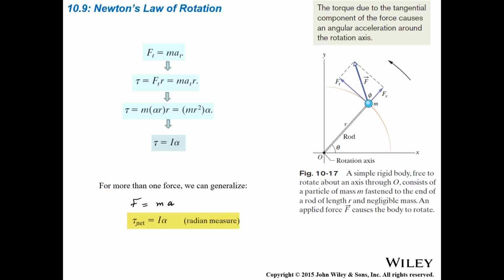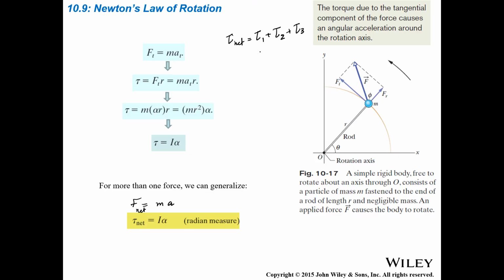The torque. Instead of F net, I will study the net torque. Of course, when I say net torque, this will be the torque exerted by the first force acting on the body plus the torque exerted by the second force plus the torque exerted by the third force.